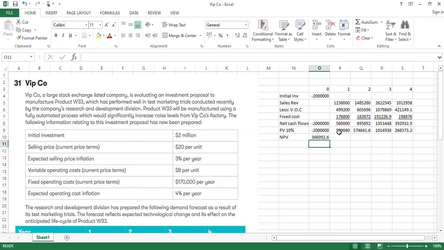So almost 367,000 to the nearest hundred. So this is the net present value. Right, everyone? Any question?